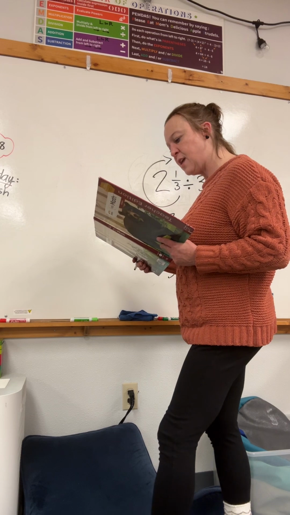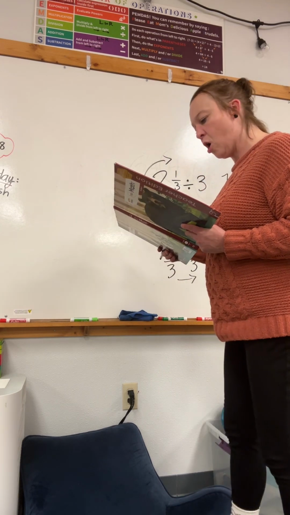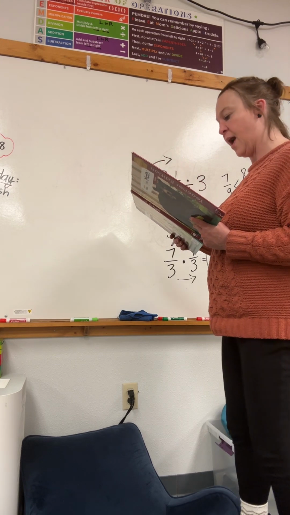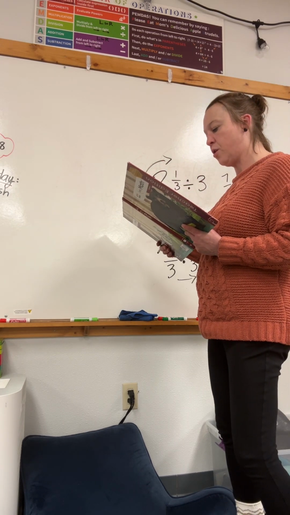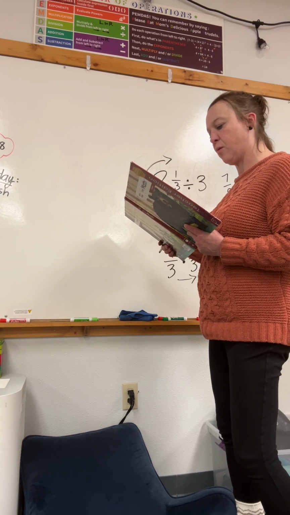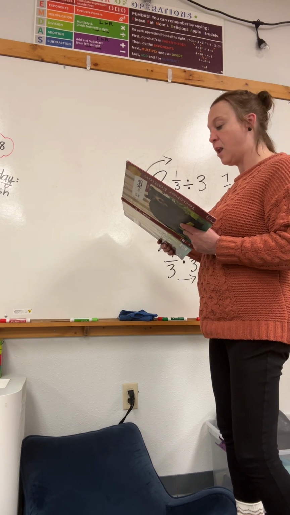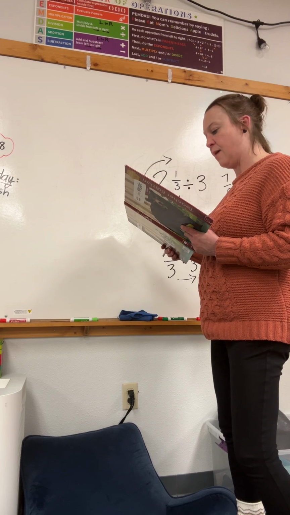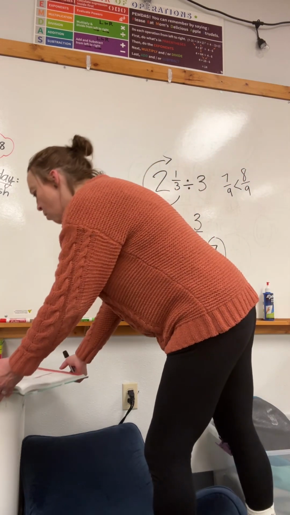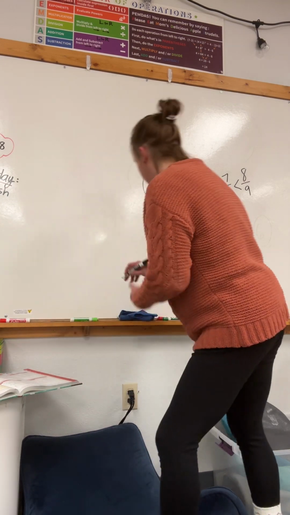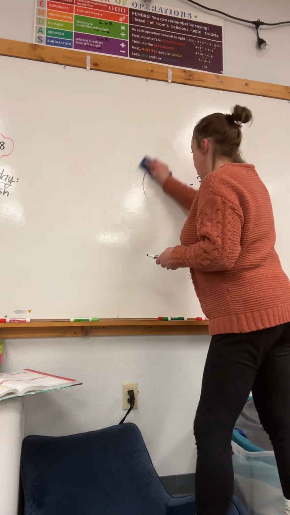All right, number 13, how many times longer is a line measuring 9 1/3 yards than a line measuring 3 1/2 yards? We're going to divide. I know this one's a little tricky because it says times, but we know that we have an answer of 9 1/3.